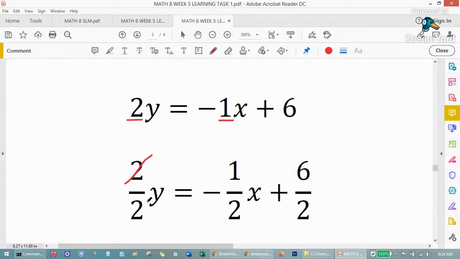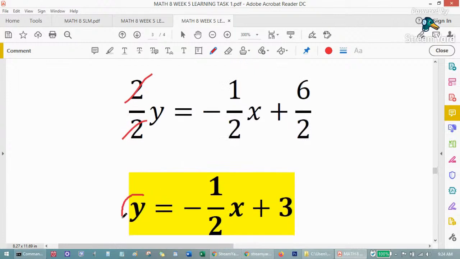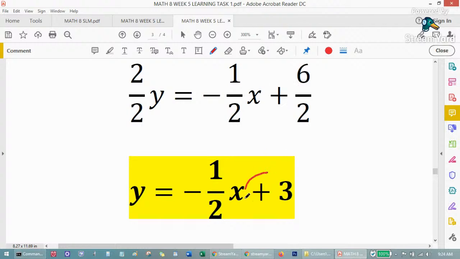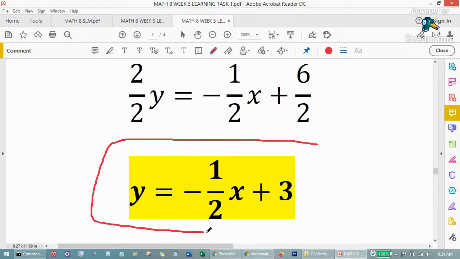So 2 divided by 2 is equal to y. And then meron tayong negative 1 half x. And meron tayong positive 6 divided by 2 is 3. This is the slope-intercept form.